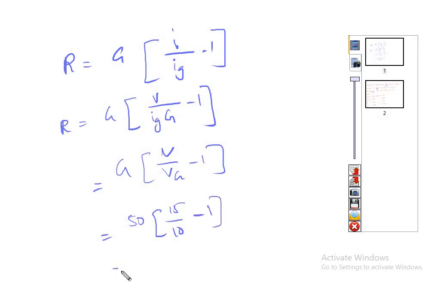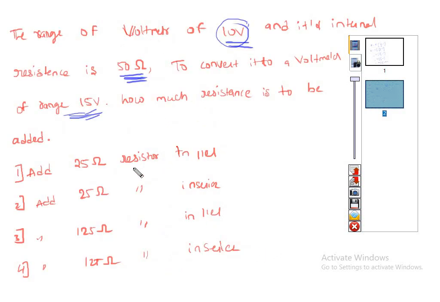If you simplify it, it will be 50 into 5 by 10. So that is 25 ohm resistance, right?